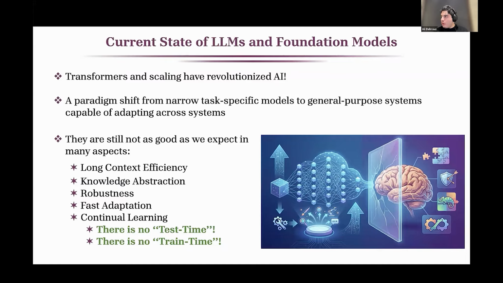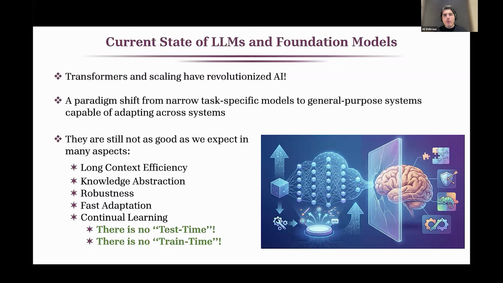But one important component, in my opinion, is that if we have an actual continual learner, then there is no test time in it, there is no train time in it. So if we see these terms, potentially it's not an actual continual learner.